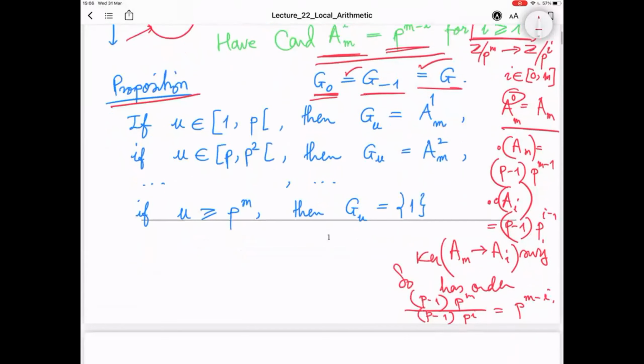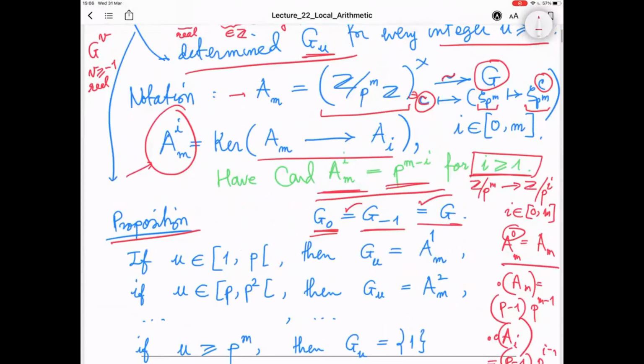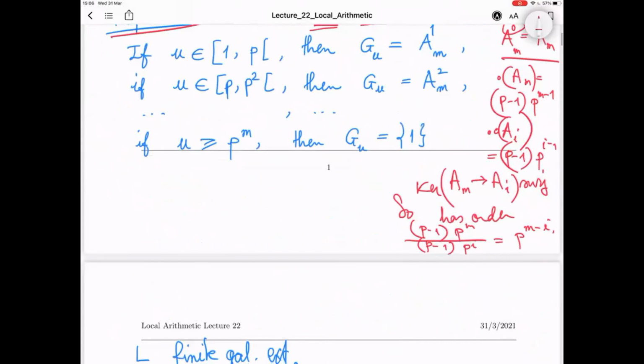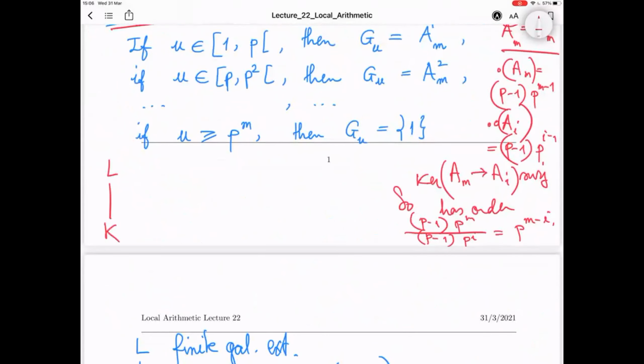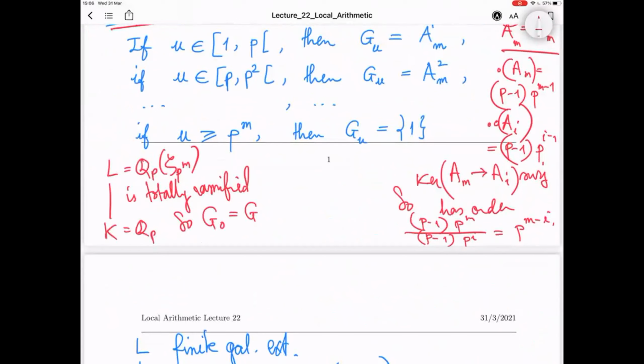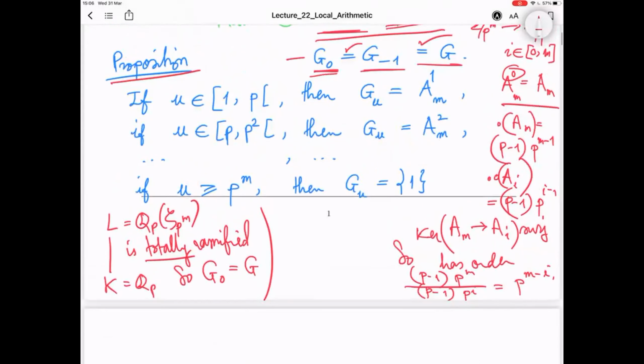That's because the extension L over K, where K is Q_p and L is Q_p(zeta_{p^m}), is totally ramified. So G_0 is equal to the whole of G. The inertia group is equal to the whole group because it's totally ramified. Okay, so that takes care of G_0.